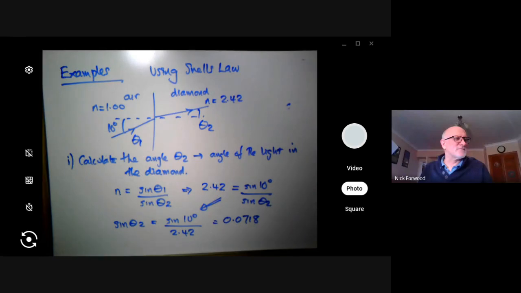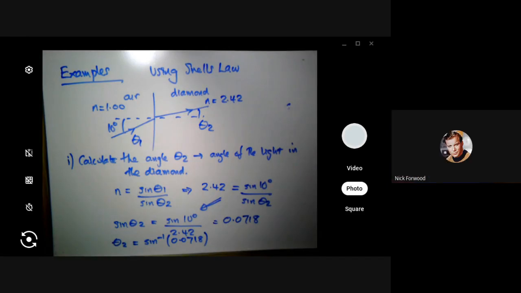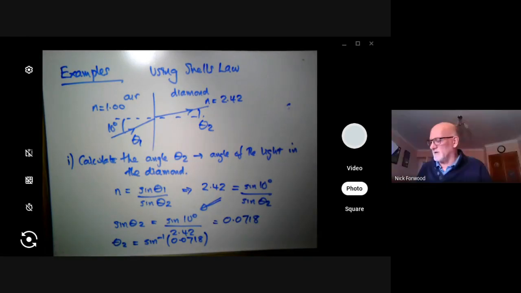So what do we do then? We do theta 2 is the inverse sine of that number, 0.0718. And you do the inverse sine. You know where the inverse sine button is on your calculator. It's the shift sine button. And you get 4.1 degrees, and that's your final answer there.